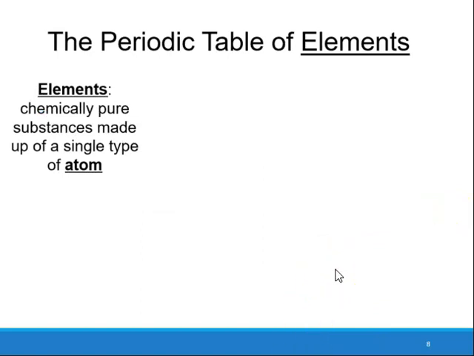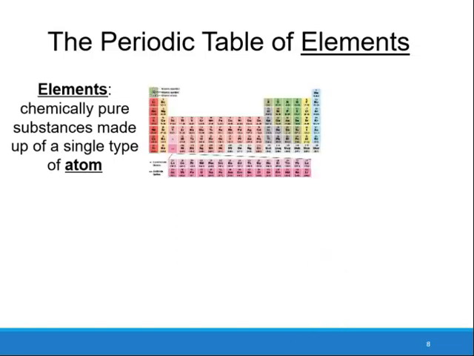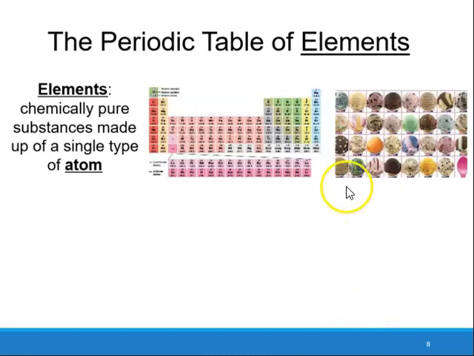So again, elements are chemically pure. These are substances made up of a single type of atom. Okay, and the periodic table of elements shows you the different elements that can be found. And if you'd like to use scoops of ice cream to help you visualize the elements, you can.